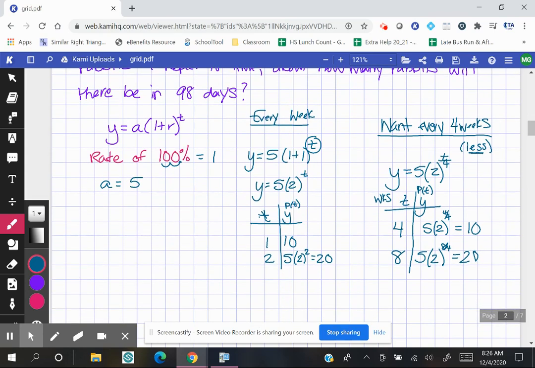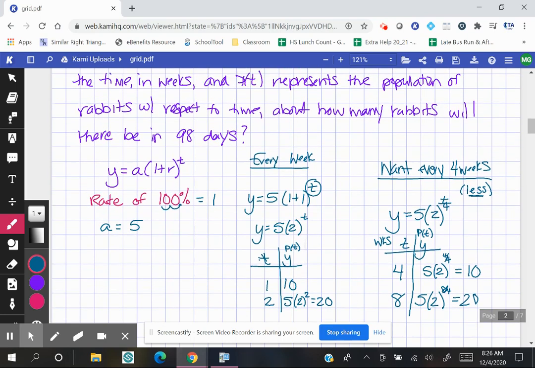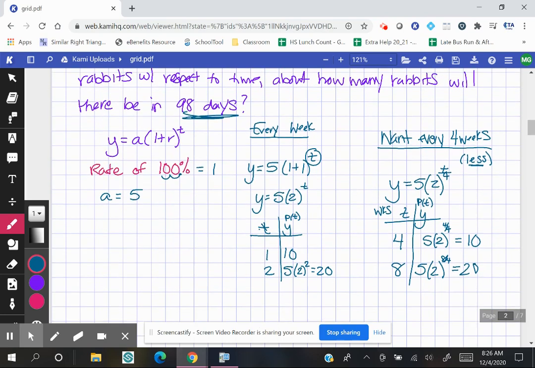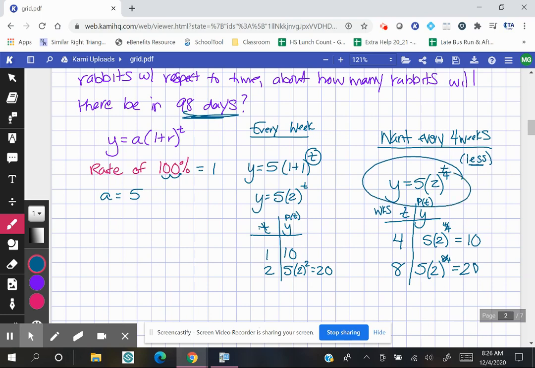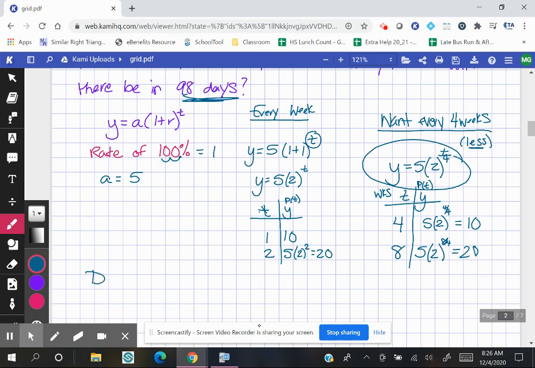Okay, so now it wants to know how many rabbits will there be in 98 days. So we know that t tells us the number of weeks, so we need to convert 98 days into weeks. If I'm going from days to weeks, is the number of weeks going to be bigger or smaller?